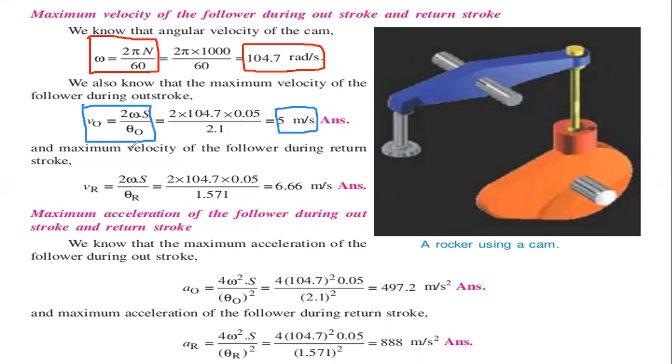The answer is 5 meters per second for the velocity of the outstroke. Then we are going to find the maximum velocity of the follower during the return stroke, that is velocity of R, Vr equals 2 into omega into s by theta R. That is the formula.